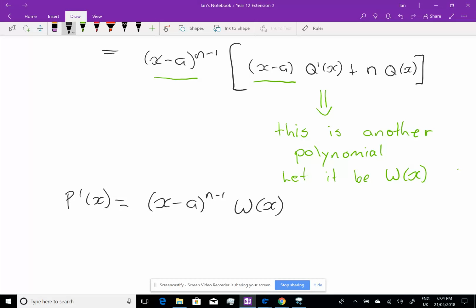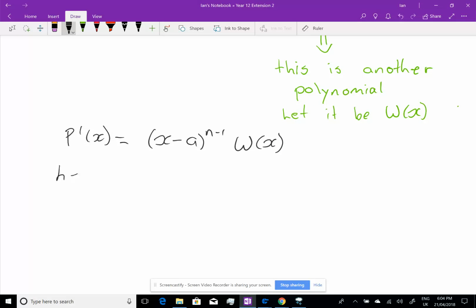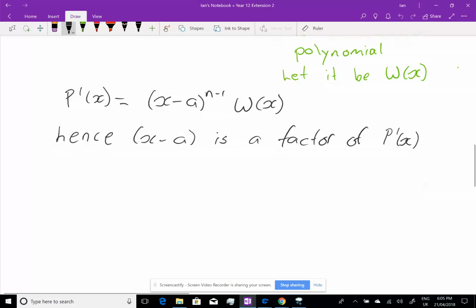And again, there's no remainder. Hence, x minus a is a factor of p dash of x. Now, it's pretty obvious. Well, you understand that. And this is proved in Patel on page 150.